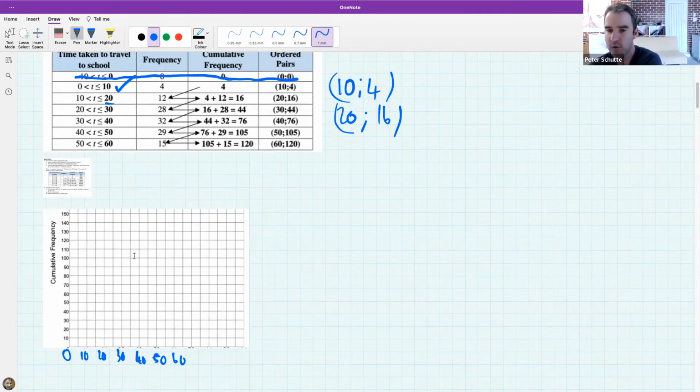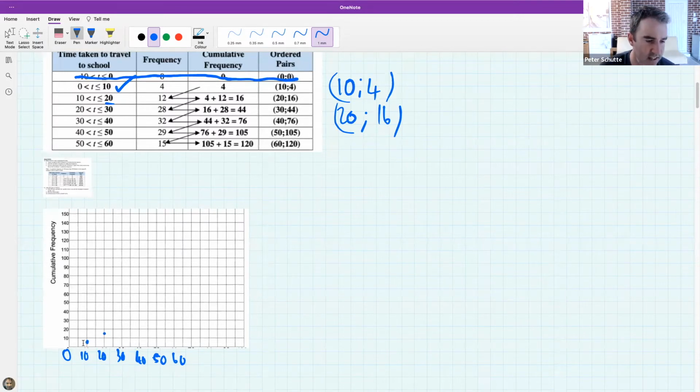What I want you to do now is plot your ogive using the points we've got here. As an example, my very first point would be 10, 4, which is going to be about here. My second point is going to be 20, 16, which is probably about there.